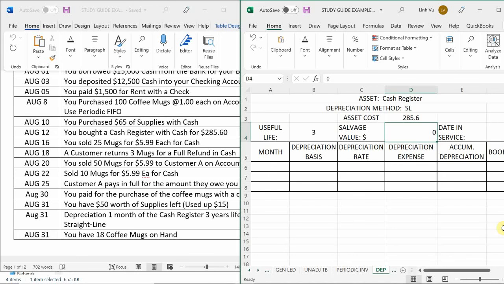All right. Since I need to only depreciate 1 month's worth of the cash register. Okay. What is going to be my basis?